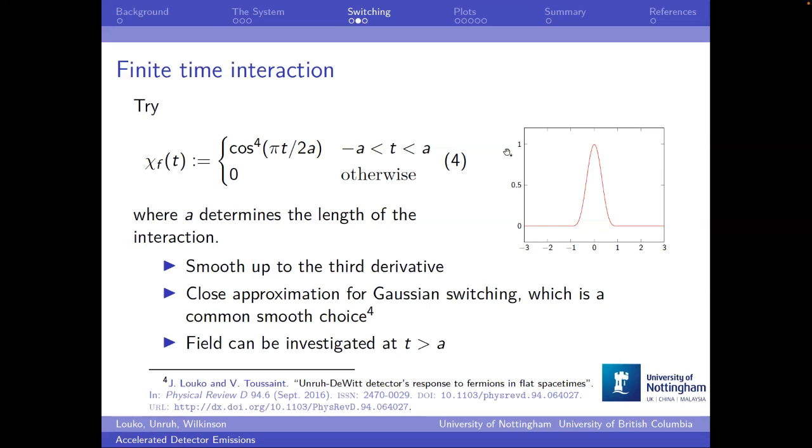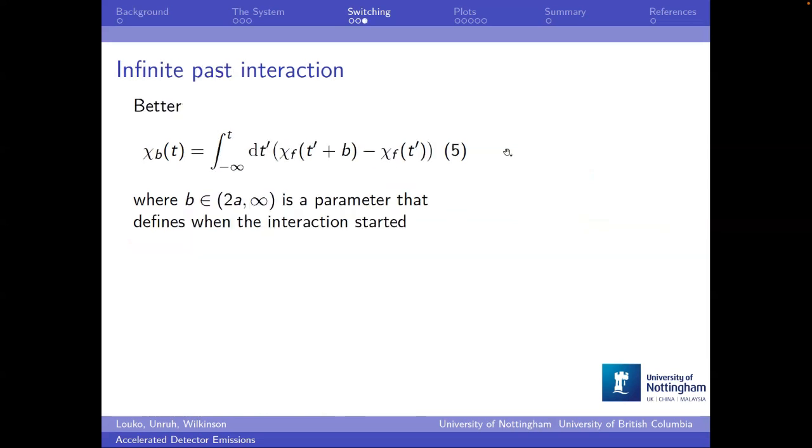But we can do one better than this, because we can extend this backwards and have cos to the 4 switch off and cos to the 4 switch on, and some duration in the middle. So in this setup, we have this parameter b, and b defines when the detector is switched on. And the smoothness is still defined by a. So we can take b to be any reasonable number, and then we take a width of 2a around that.